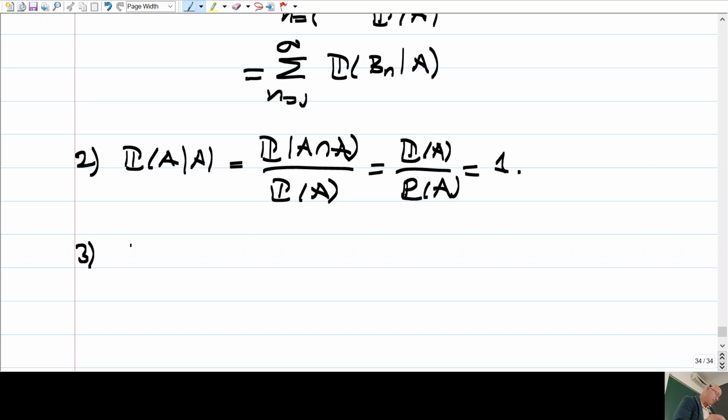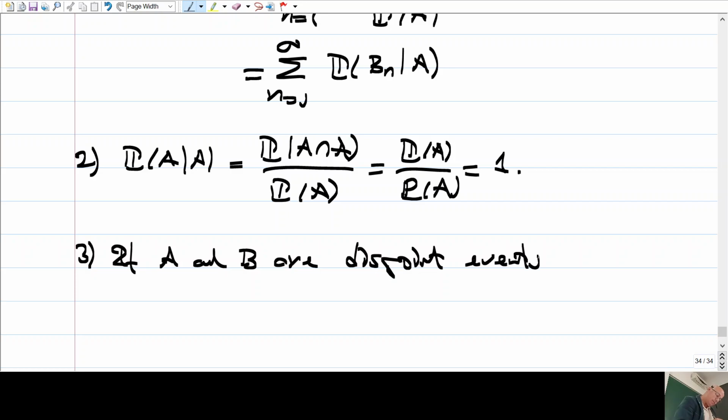Third one: if A and B are disjoint events, in other words, A intersection B is empty, so these are disjoint subsets of the sample space, then, of course, the probability of B given A should be 0, right?